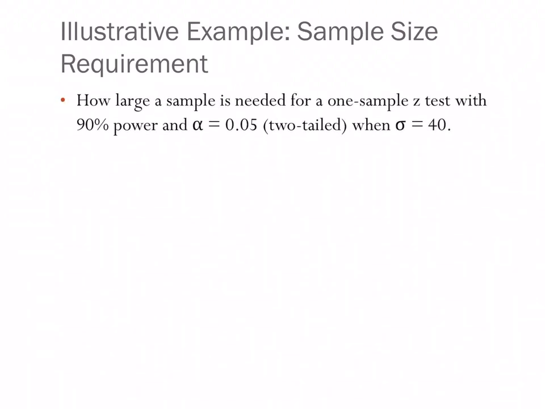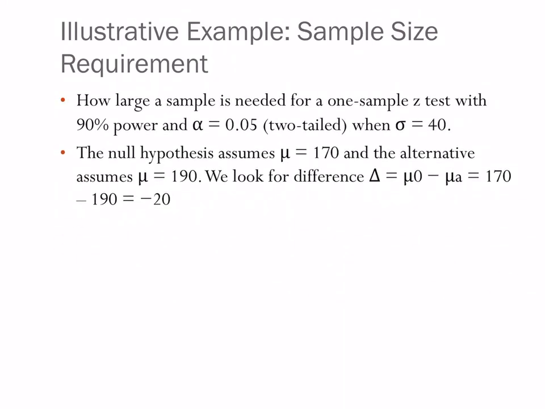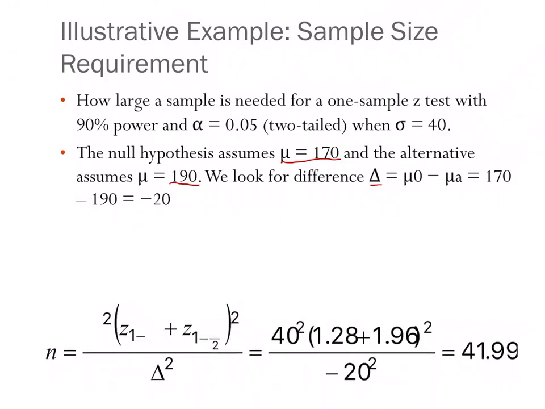So an illustrated example of this is how large a sample size is needed for a one-sample z-test with 90% power and an alpha of 0.05 two-tailed when we have a standard deviation of 40. So the null hypothesis, as we've been using for the males, is 170. The alternative is 190. We look for the difference, which is our delta. So it's 170 minus 190, so it equals negative 20.